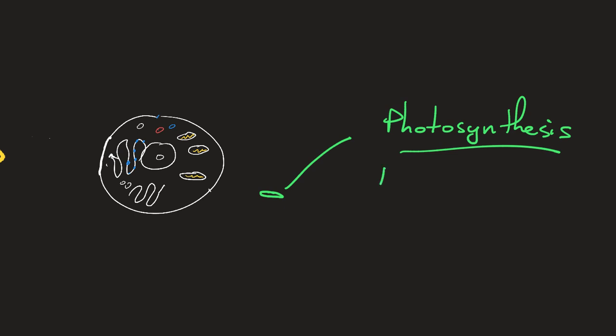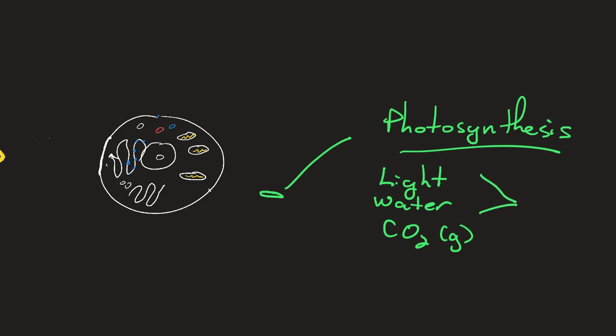Phagocytosis is correct. So it's going to use phagocytosis. It finds another cell. Here it is, tiny little thing. This guy can do photosynthesis. That means it can take light and water and CO2 gas.